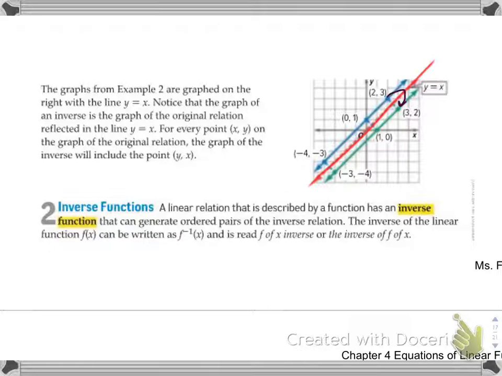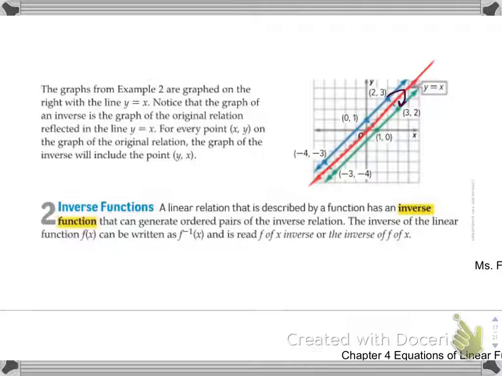Notice that the graph of the inverse of the original relation is reflected over y equals x, such as in here. I drew that red line a little darker, and then (2, 3) reflected over to become (3, 2). (0, 1) reflected over to become (1, 0). (-4, -3) became (-3, -4).